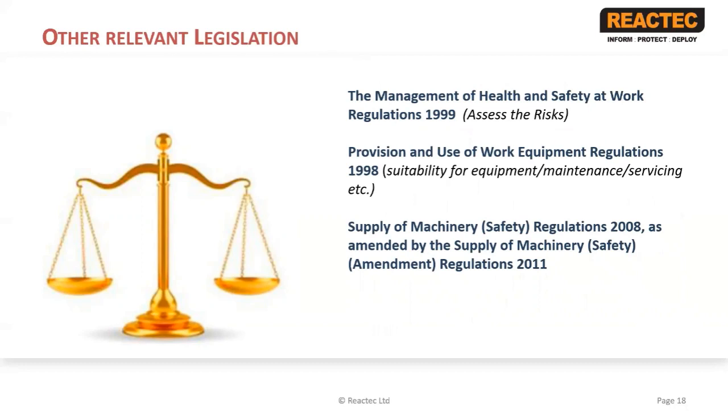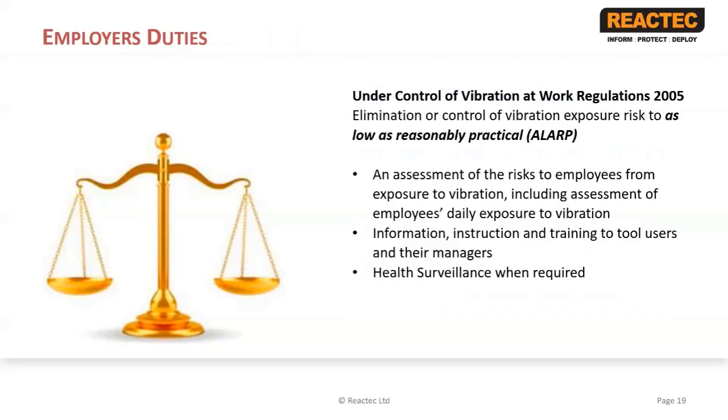It is also worth bearing in mind the Management of Health and Safety at Work Regulations 1999, which talk about how to assess risk, and also the provision and use of suitable equipment as defined by the Provision and Use of Work Equipment Regulations 1998. And finally, the Supply of Machinery Regulations 2008, again, gives greater clarity and detail on suitable equipment for the workplace.